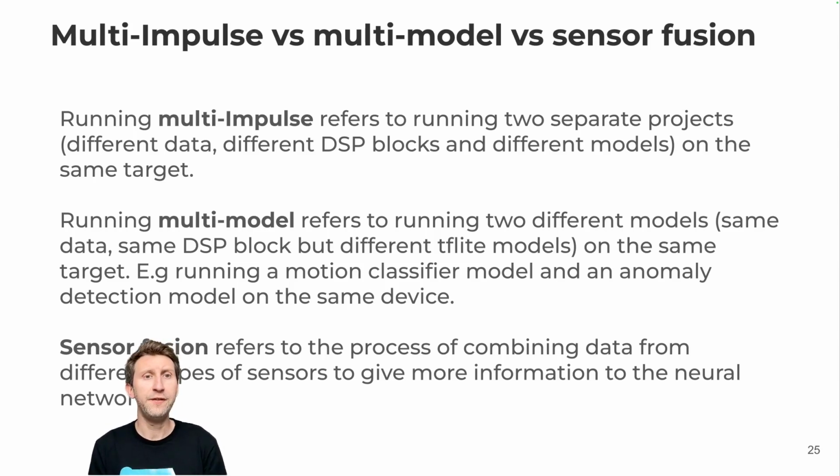For example, if you run a motion classifier model and you add on top an anomaly detection model, those two will run on the same device. And then sensor fusion refers to the process of combining different data from different types of sensors to give the neural network more information, so it learns more effectively on different use cases.